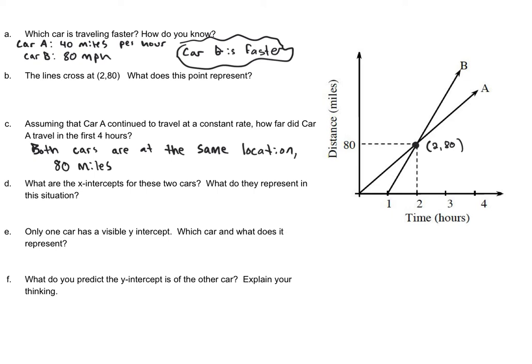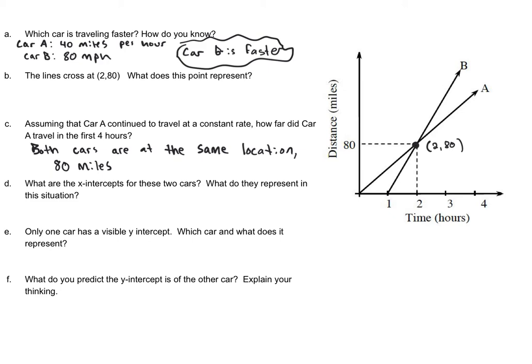I like to think of this scenario as two different cars going on a road trip, and maybe they're going to the same place. So I like to think of this as maybe a rest stop or restaurant where they stopped and had lunch, even though they're driving. Maybe one's taking a fancy scenic highway, so they're going a little bit slower, and one's taking the fast interstate, so they're going a little bit faster. But anyway, that point is where they stopped and they met up.